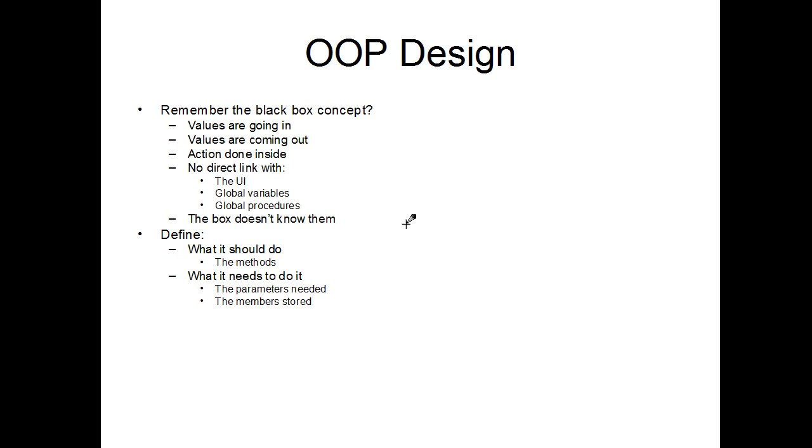You also need to define what results you want out of your class. These results are going to be the values that are returned by each method. Very often the only thing that you need out of the class is, did it work or not? So you will have a result that is just true or false. Okay, work was done.